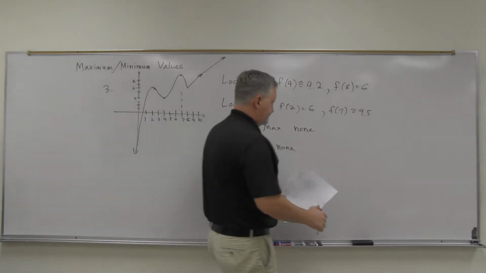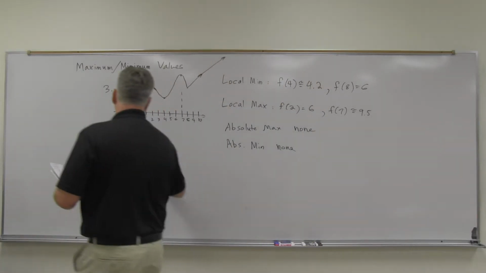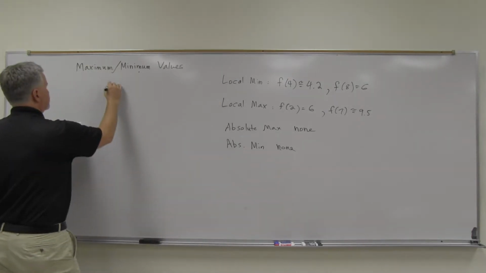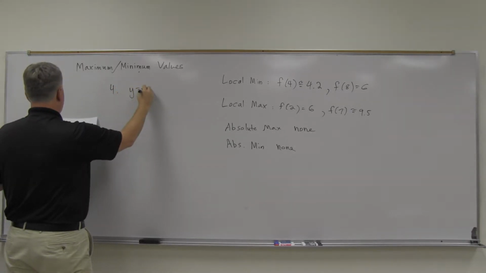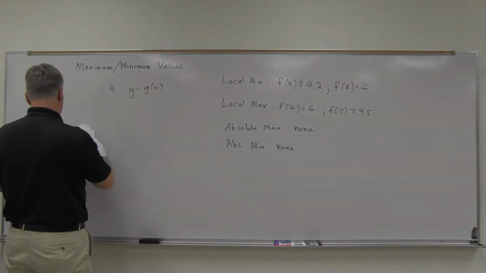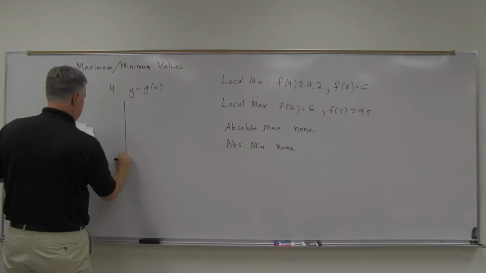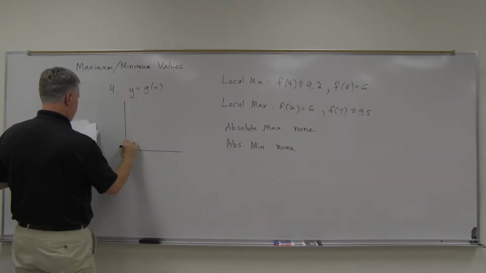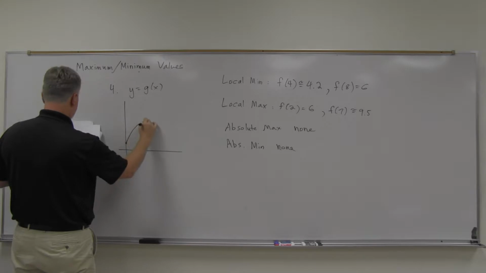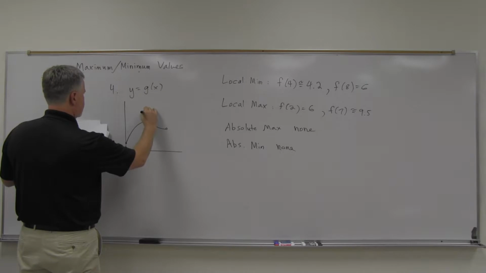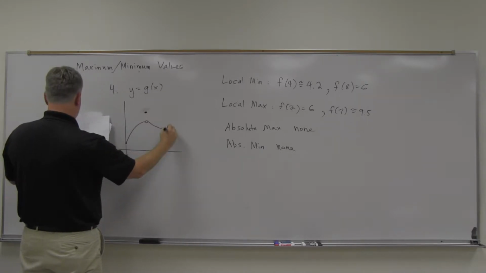All right. Go ahead and finish off the handout here. Do number 4. This one we've got y equals g of x. Just the first quadrant one. Sketch it kind of accurately here.